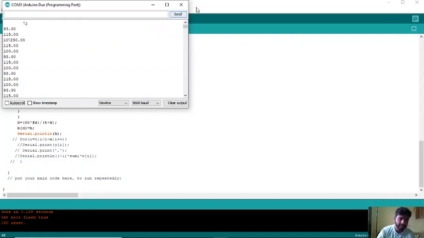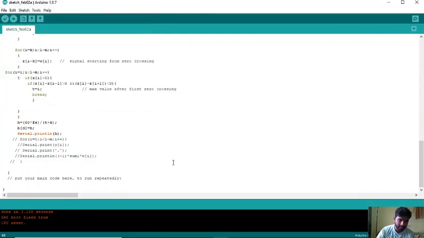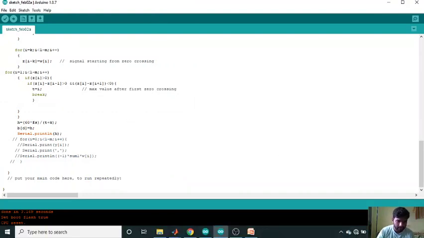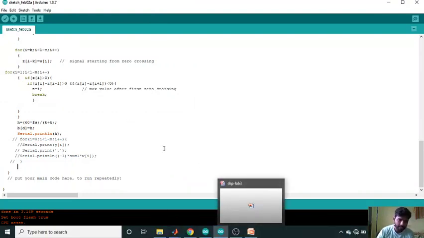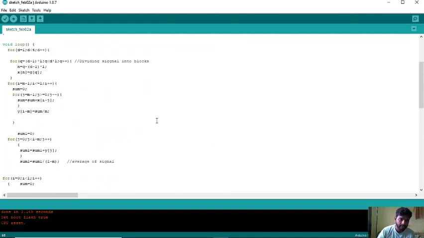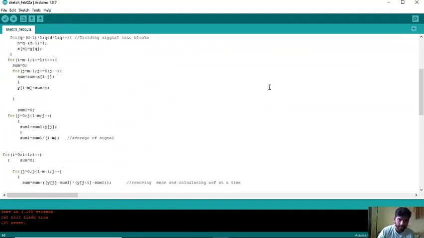That is 93. We are getting 93 as BPM by using autocorrelation. There is some error because we are using autocorrelation values, so there will be a difference.